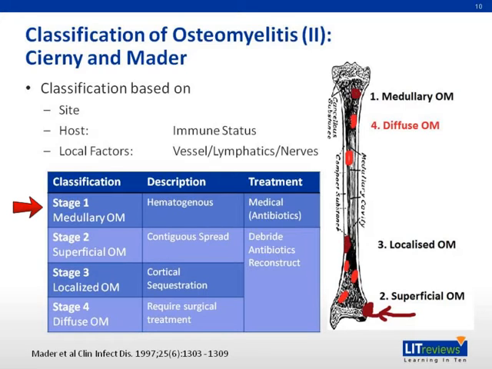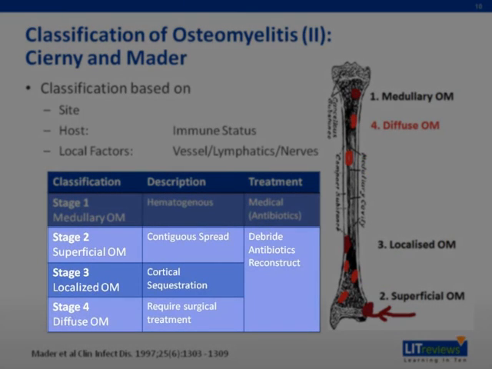For stage 3 infections, there's localized OM characterized by this spot here, and that's cortical sequestration. In diffuse osteomyelitis, frequently multiple spots are affected, and for stage 2 to stage 4 infections, wound debridement, antibiotic therapy, as well as reconstruction surgery may be required in such patients.